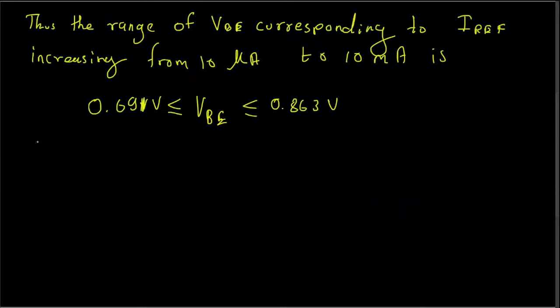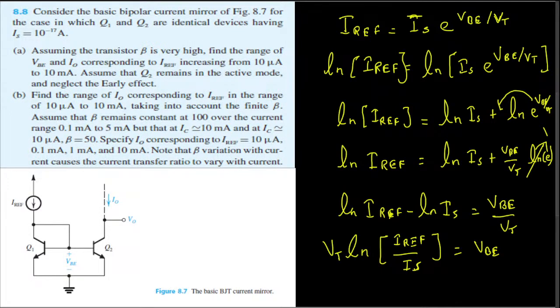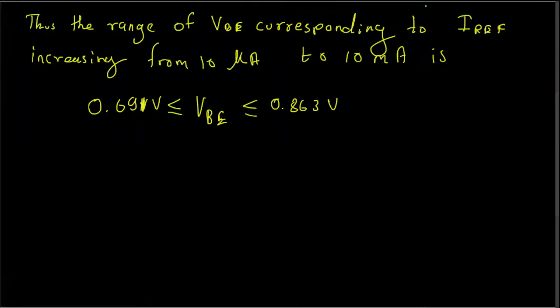Okay, so that is for VBE, and the question is also asking for the I output, IO. Now in order to find IO, we use another equation, given by IO is equal to I reference divided by 1 plus 2 over beta.